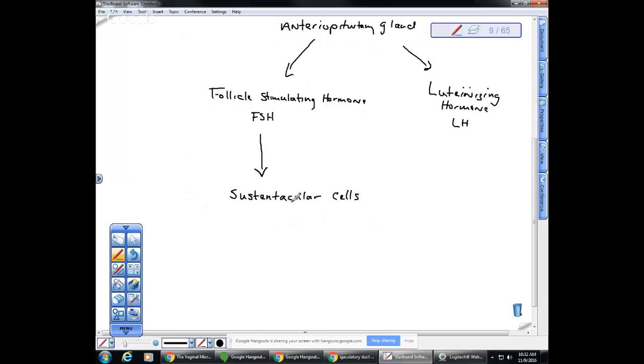These are large cells, and they're so large that they form the entire lining of the seminiferous tubule, from the very edge of the seminiferous tubule to the lumen where the sperm are produced. So we would say that sperm production occurs inside these cells. It's really weird, but sperm production occurs inside those large sustentacular cells.